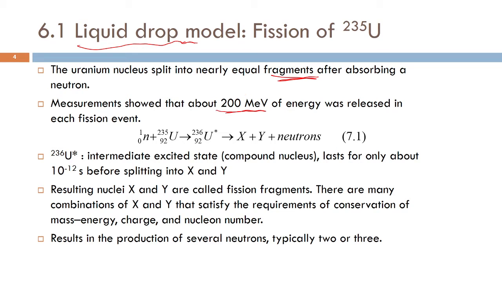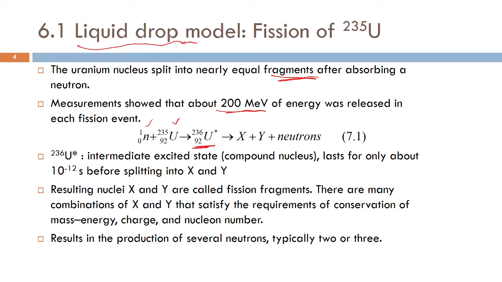So the equation is uranium-235 absorbing a neutron, forming the so-called compound nucleus, which is uranium, sorry, not 235, uranium-236, because one neutron is added into the nucleus.